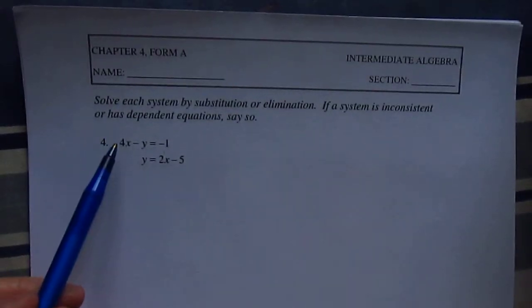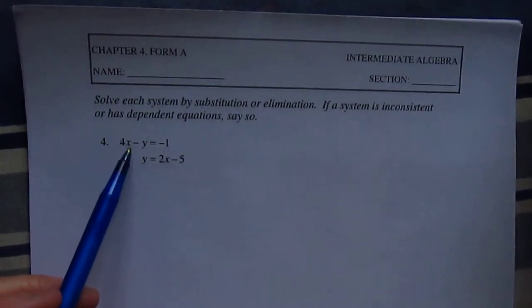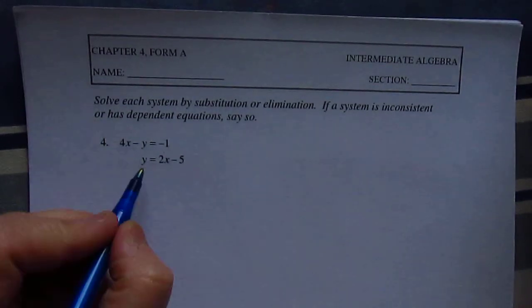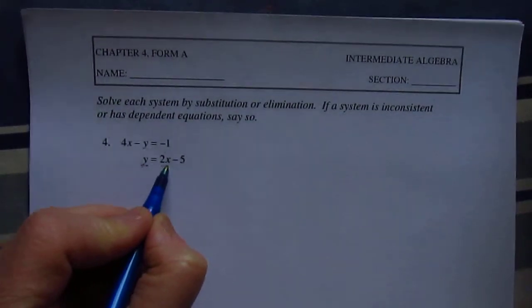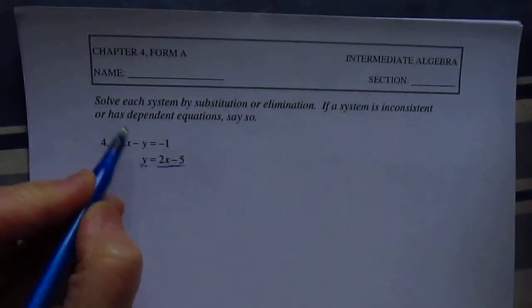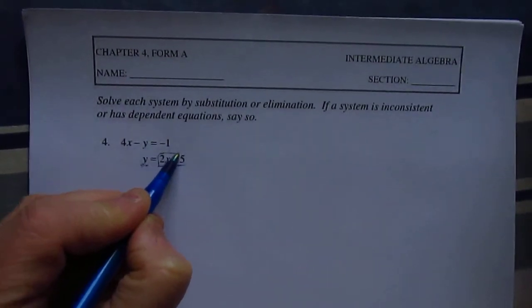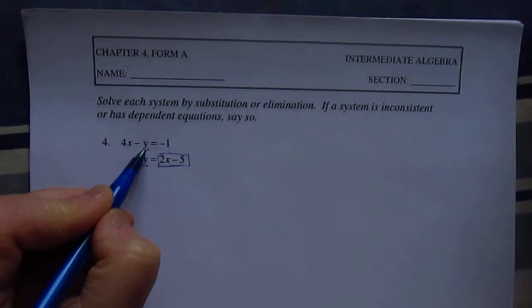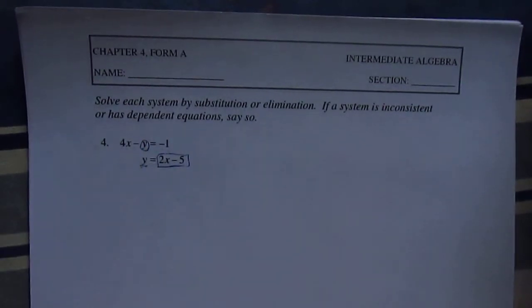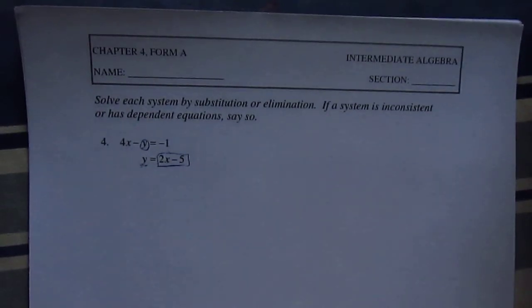So we pretty much need to inspect algebraically what would work best. Since we already have y is equal to 2x minus 5, I want to take this 2x minus 5 and substitute it into the other equation. This will give us one equation with one unknown, and then we just solve for that unknown.